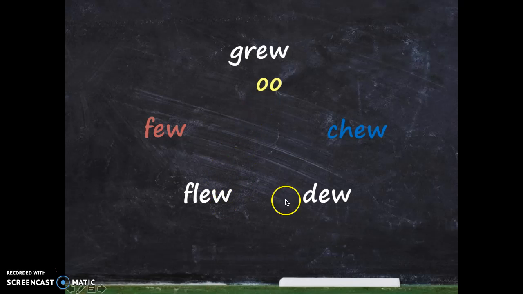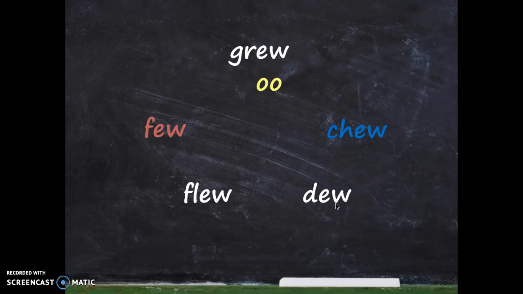I have 2 other words that we can practice. Let's look at the words flew and do. Pause this video, see if you can identify the vowel sound, and come back to check your work. Great job. Now I would like you to say the words with me.